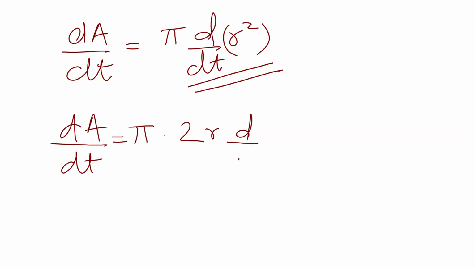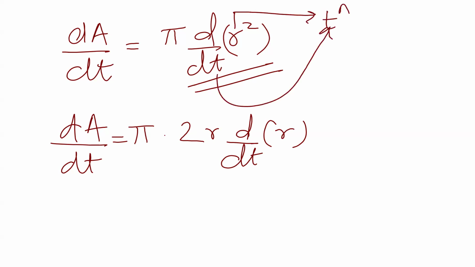D by dt of r, correct. D by dt of r. Okay. Because when we compare this with t raised to n, the main variable is t, not x. Okay. So what is t getting replaced with? T is getting replaced with r.